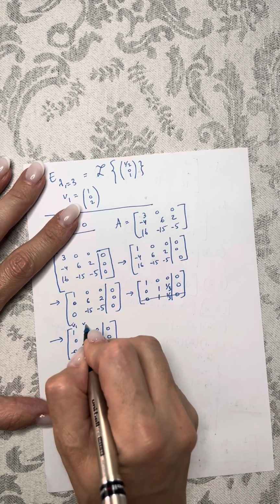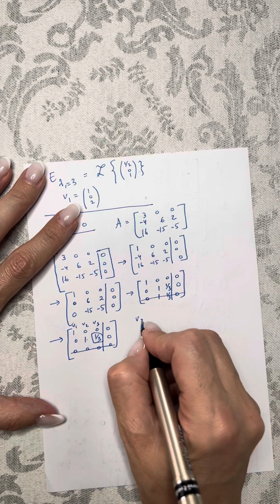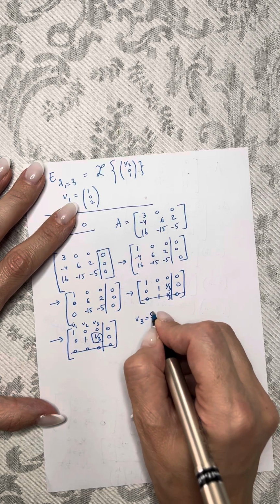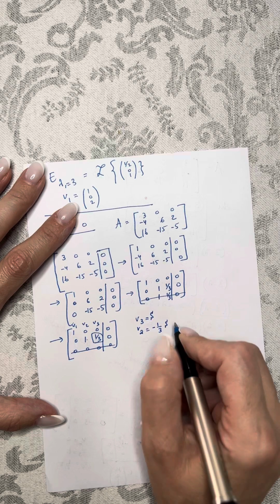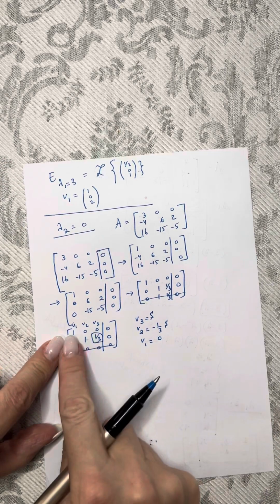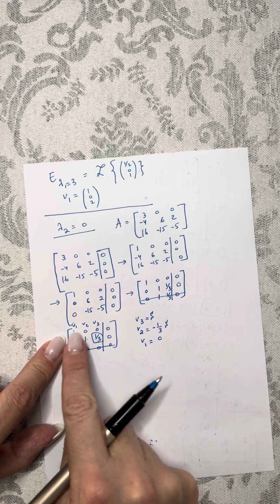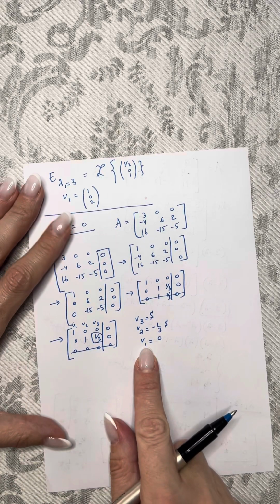Now this is V1, V2, V3. This is the free variable. V2 has to be minus 1 over 3s, and V1 has to be equal to 0. Be very careful, V1 is not connected to anything. So V1 plus 0 V2 plus 0 V3 is equal to 0, so V1 is 0.